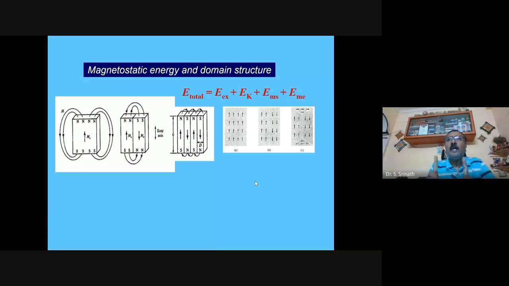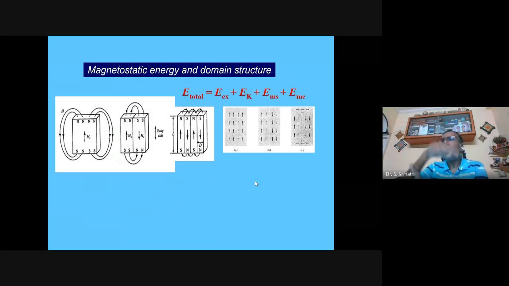So what did I do? I took 3 spins, and I am demanding that all the 3 are parallel, and I am calculating the exchange energy associated with this configuration, because I know the Hamiltonian tells that minus 2J Si dot Sj. Si dot Sj means the spins at neighboring sites. So when I say i, j, k, all the 3 have the same spin S. So S into S would be S square, minus 2J S square, and for these 2, again the same thing, minus 2J S square.